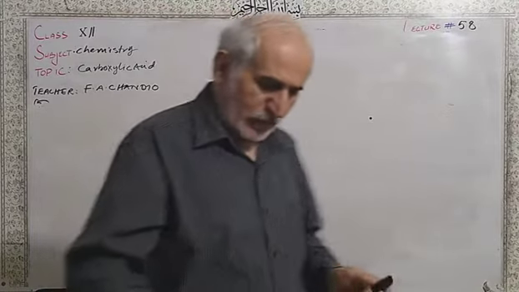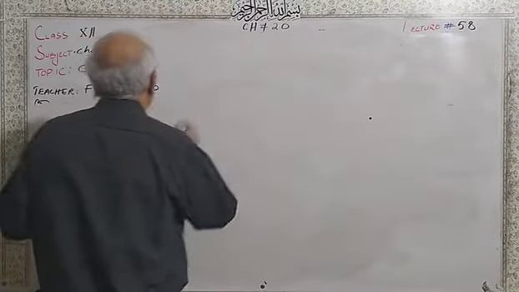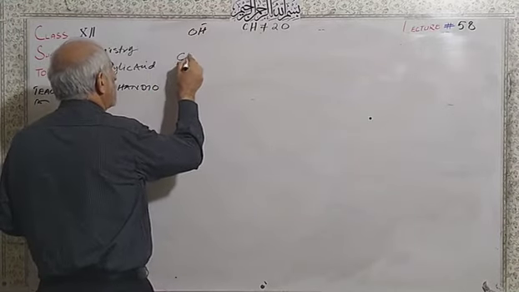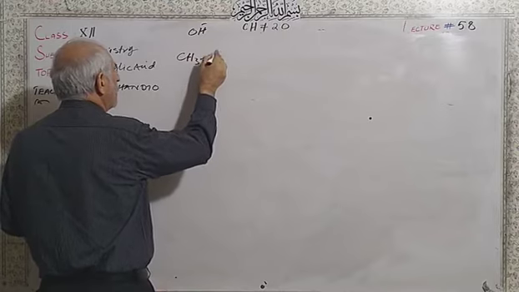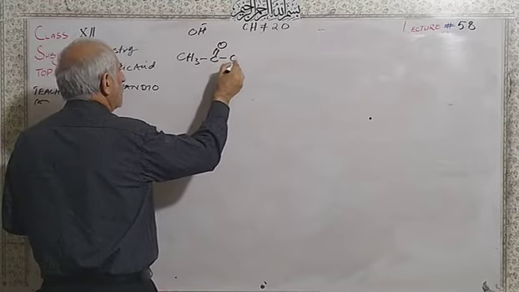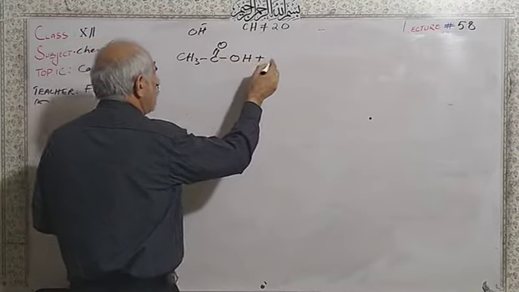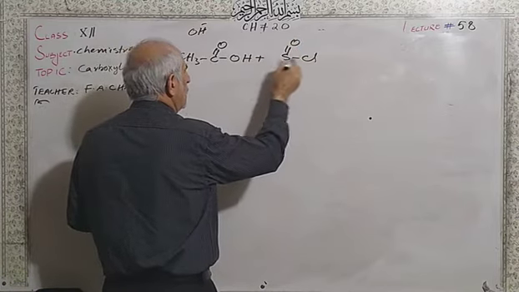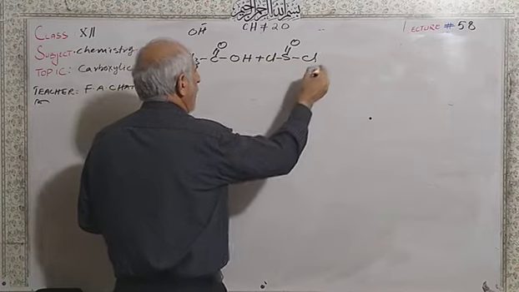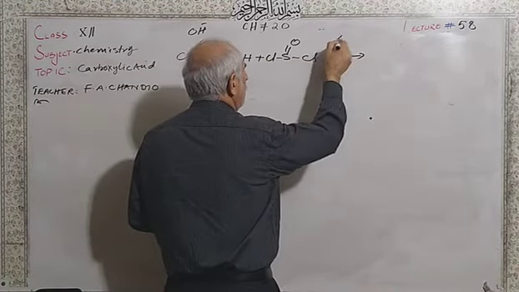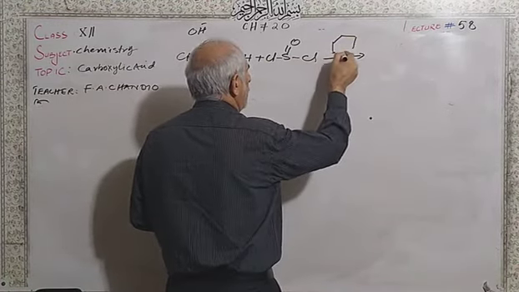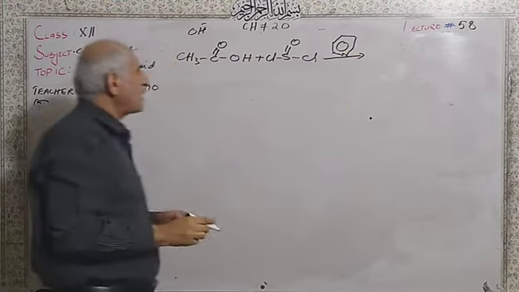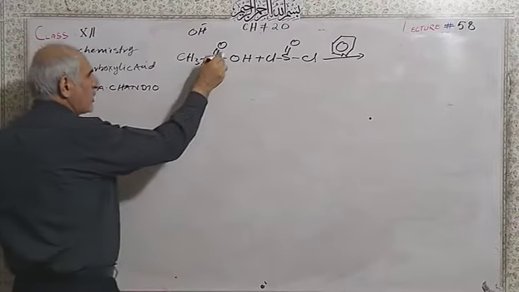So there is one chemical reaction where the OH group of the carboxylic acid is involved: reaction with thionyl chloride in the presence of pyridine.